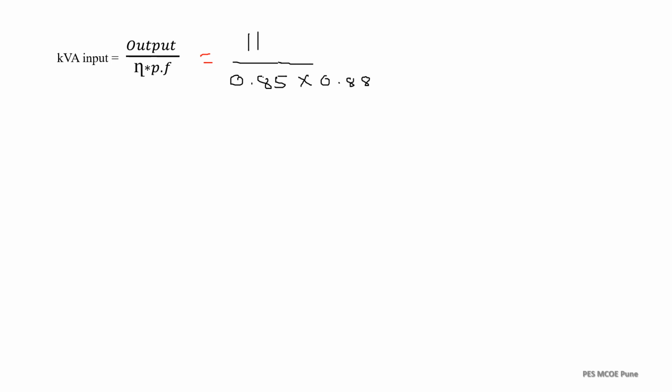So for the first step, we will calculate kVA input. The formula for kVA input is equal to output divided by efficiency into power factor. So we can calculate: output, they have given output, that is 11 kilowatt, divided by efficiency, that is 0.85, and power factor, that is 0.88.